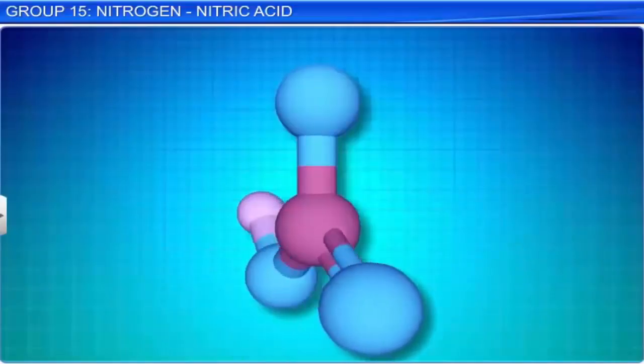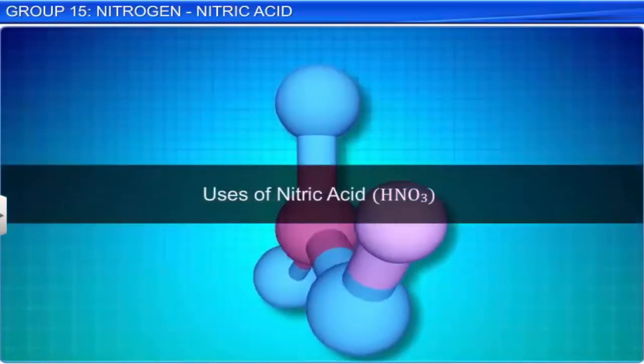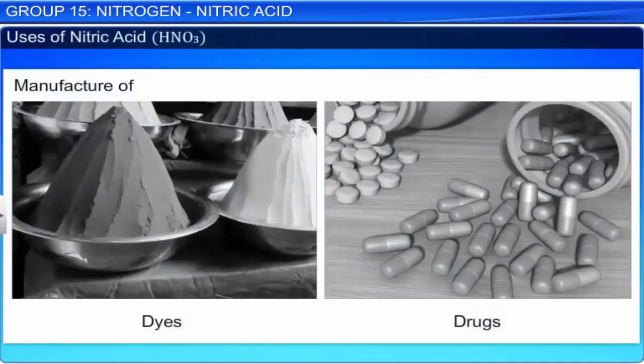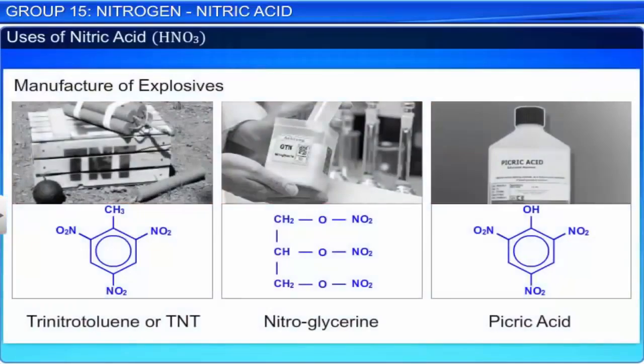Let us now turn to the uses of nitric acid. Nitric acid is widely used in the manufacture of dyes and drugs, as well as explosives such as trinitrotoluene or TNT, nitroglycerine, and picric acid.